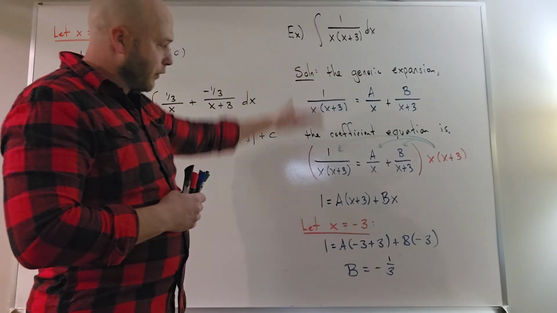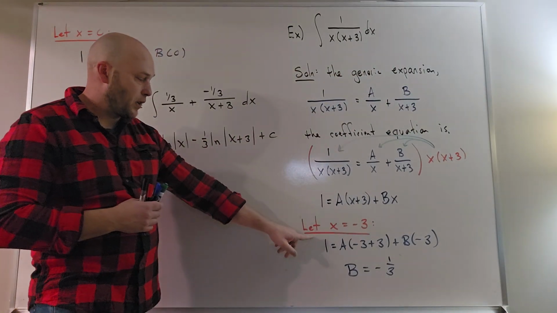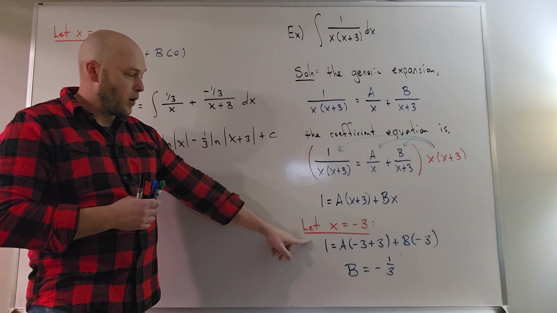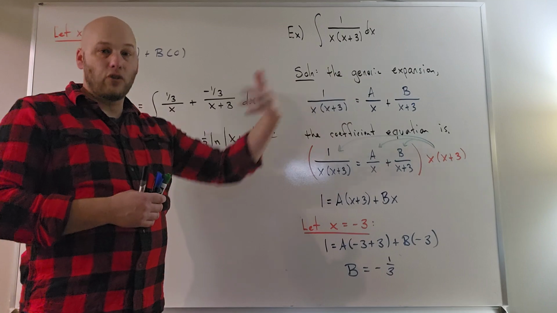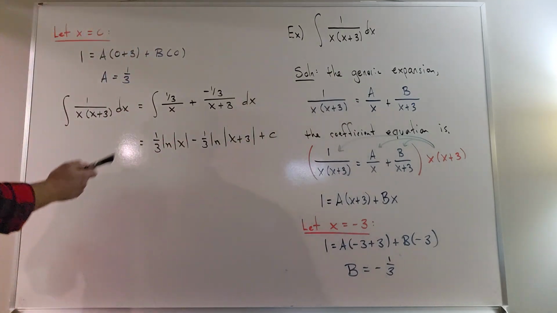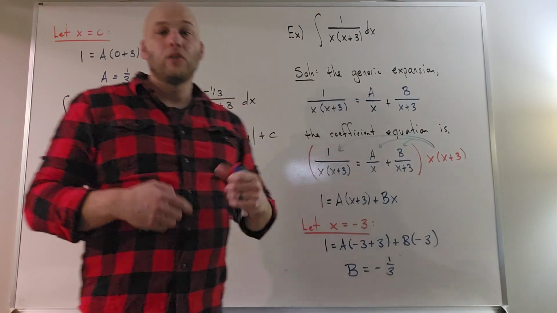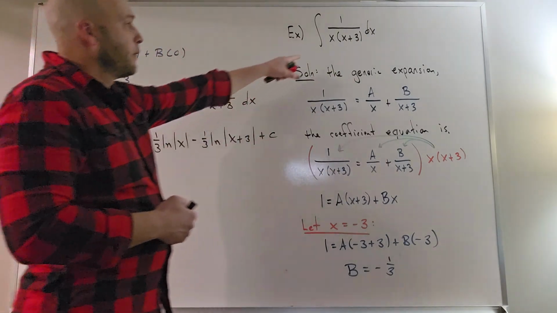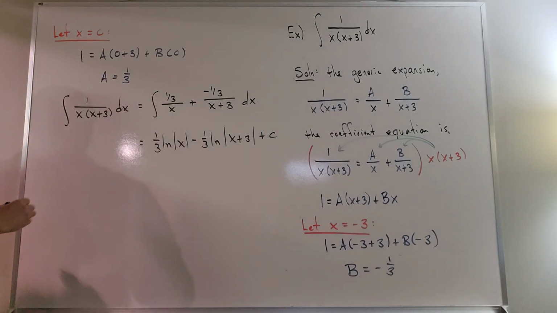And then after I clear fractions to get my coefficient equation, I'm going to have a bunch of different convenient x values that will just zero terms out, and the term that's not 0 I can solve for. So I'll do one with 3 factors, but it would be the same method, just a little more tedious if I had more than 3. But again, it would work the exact same way.